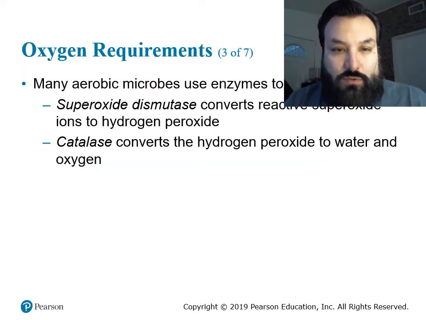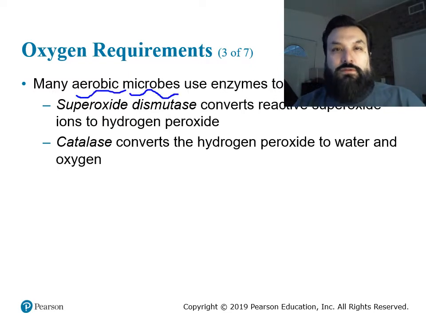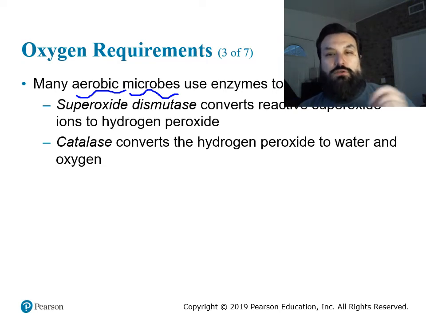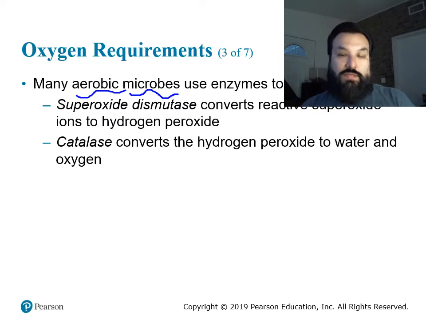So aerobic microbes, for example, ones that use oxygen for metabolism, that's what aerobic means, need oxygen for metabolism, but they don't need oxygen to hang around in a cell turning into these different components. They do need it for metabolism to create energy. But what happens to the oxygen that's just hanging around? Well, that can be deadly, and these microbes use several enzymes to break down superoxide ions or hydrogen peroxide molecules.